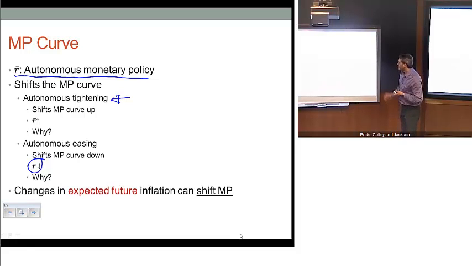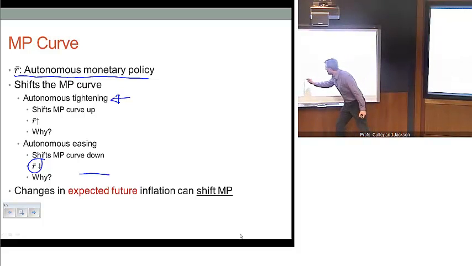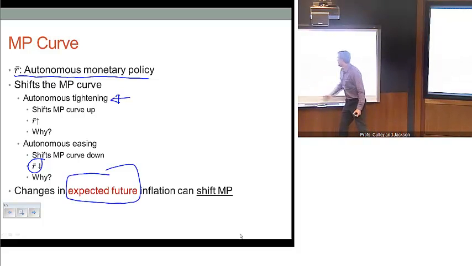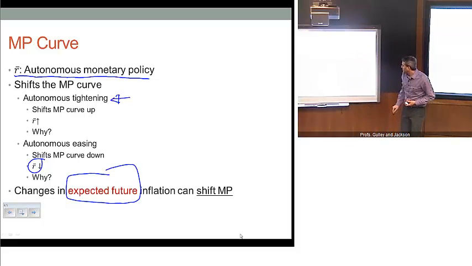And so one thing to underscore here that's really important is if we think about, for instance, as I explained before, changes in expected future inflation can result in a shift of that MP curve, right? As I explained before, if we expect inflation to be high in the future, the Fed wants to be proactive about that to try to stabilize inflation and bring it back down.